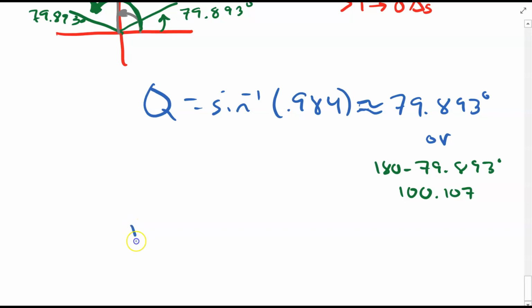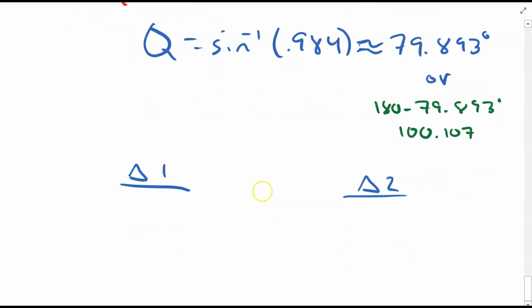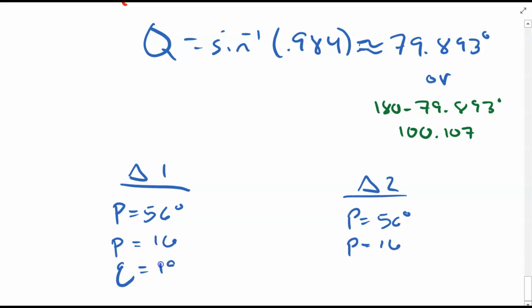So I'm going to reorganize my work now just to make things a little bit clearer. So for triangle 1 and triangle 2, in each of them, the given information is the same. Angle P is 56, side P is 16, and side Q is 19.